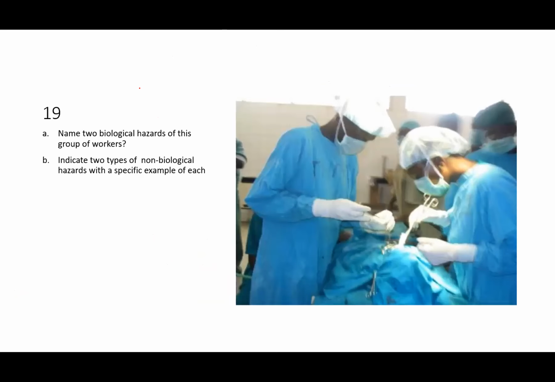Okay, number 19, name 2 biological hazards of this group of workers. You can see these are surgeons. What are the hazards? 2 biological hazards. Transmission of infection like HIV, hepatitis.